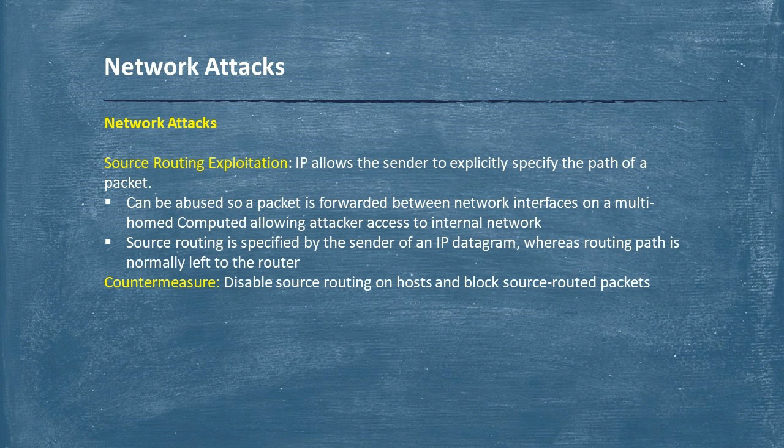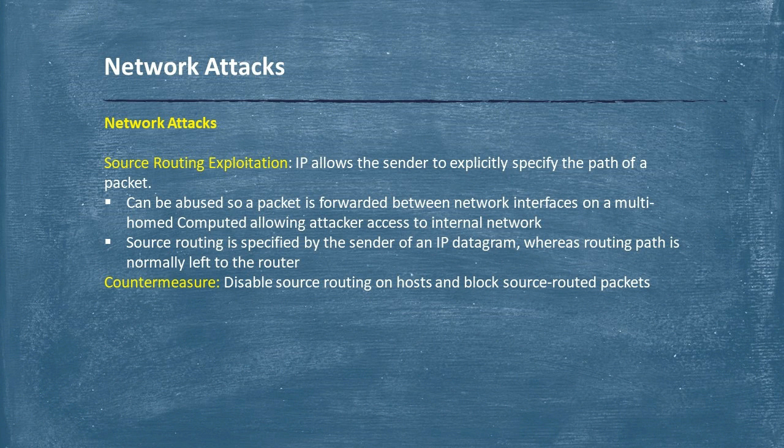Another attack is called source routing exploitation. IP allows the sender to explicitly specify the path of a packet. Normally the path is not specified, but there is an option. IP allows the sender to explicitly specify the path a packet should take.